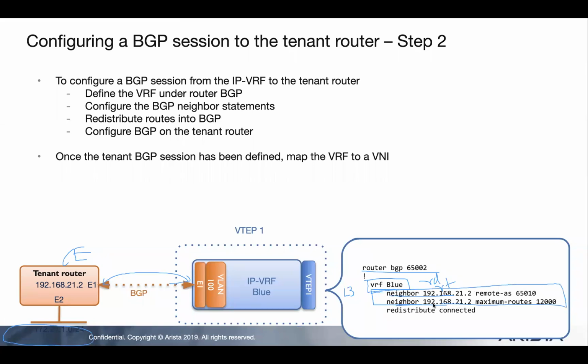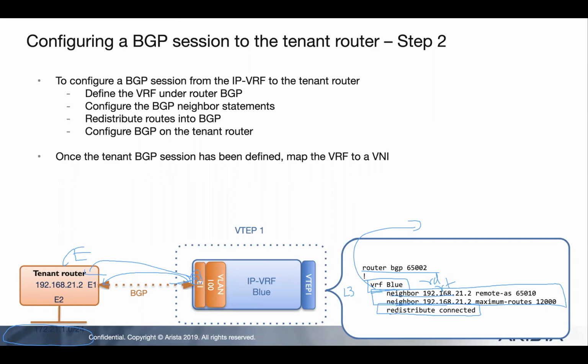So basically, in VRF blue you have a BGP neighborship from where you receive the route, and then that route you advertise as a type 5 route. In this scenario, the redistribute connected under VRF blue: do we have any connected routes in VRF blue, or are we advertising eBGP routes?